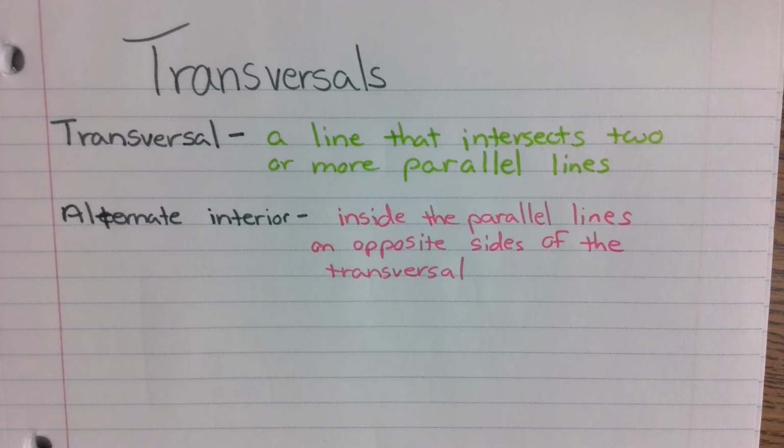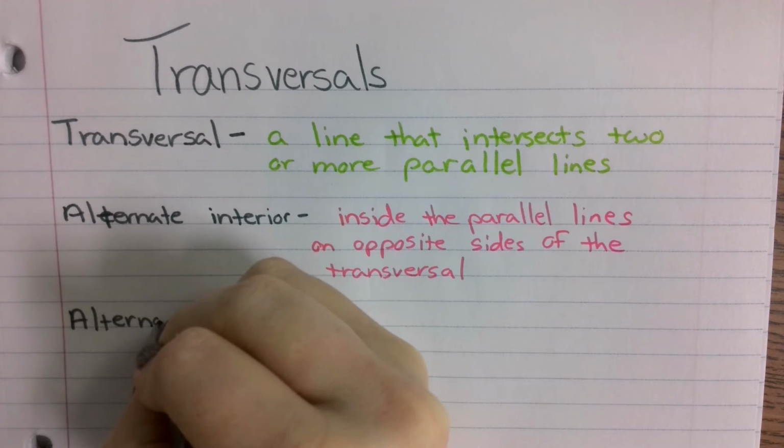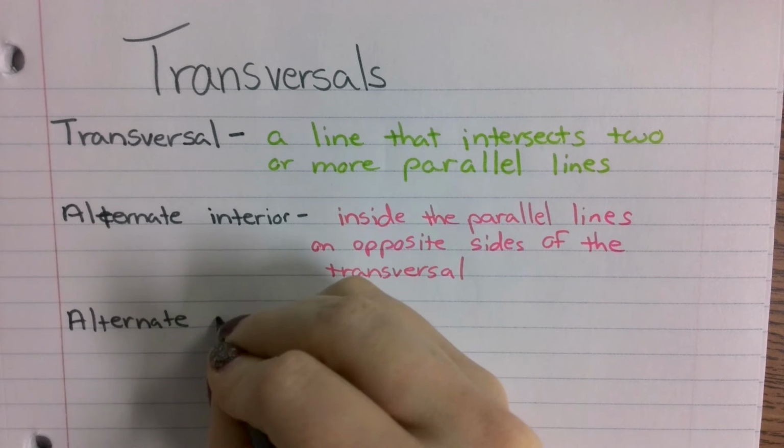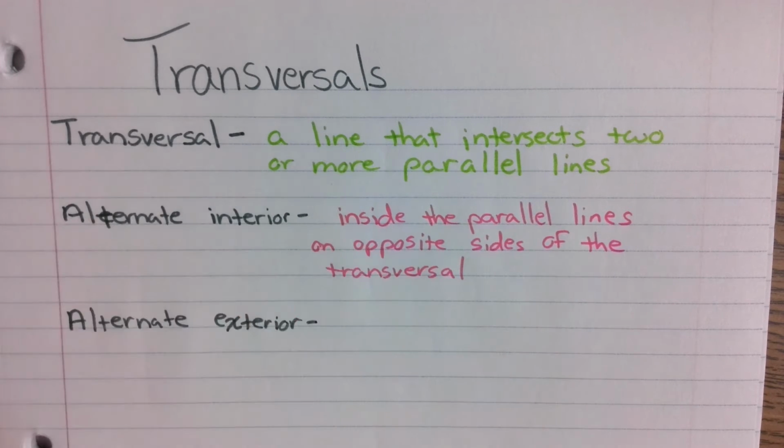One of the angles might be on the top right, while the other is on the bottom left. They are on opposite sides and ends of the transversal. Then you've got, again, alternate, opposite, exterior. What does the word exterior mean to you guys? Eric?